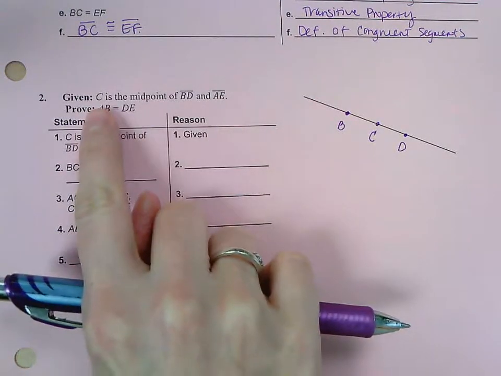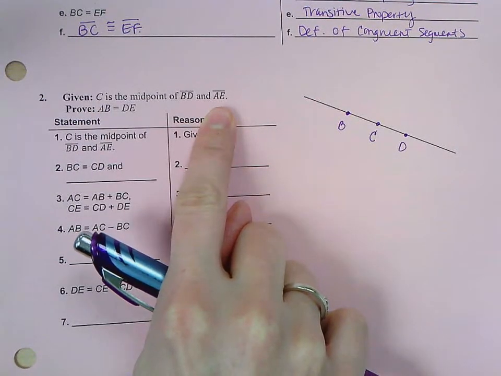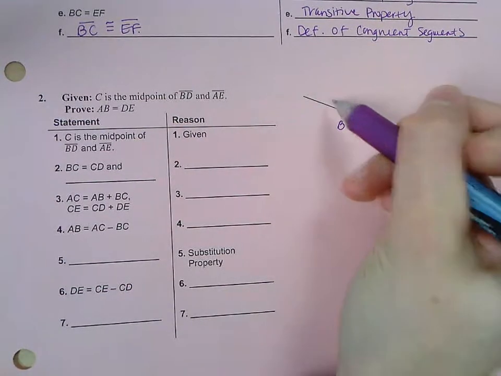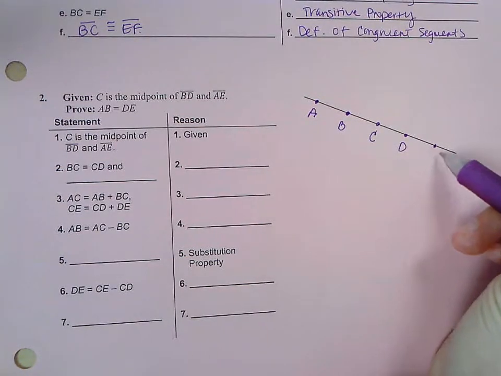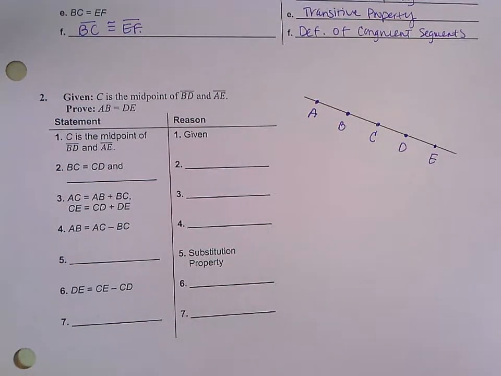But C is also the midpoint of AE. So that means I would also have points A and E on the other ends, and C is the midpoint of that long segment as well. So you have 5 points on that same line, A, B, C, D, E.